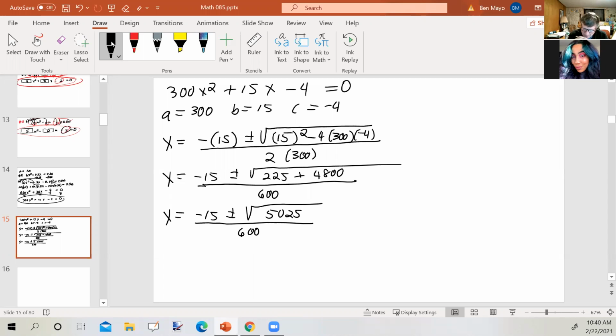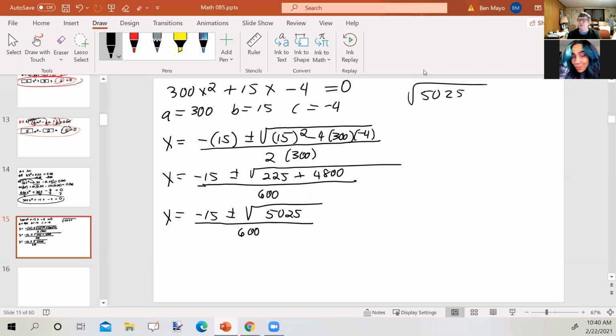I need to see if I can simplify the square root of 5,025. The first thing I would do is see if by chance 5,025 is a perfect square. So I'm going to take the square root of 5,025. It's 70.88. So it's not a perfect square. So let's see what we can do with 5,025.